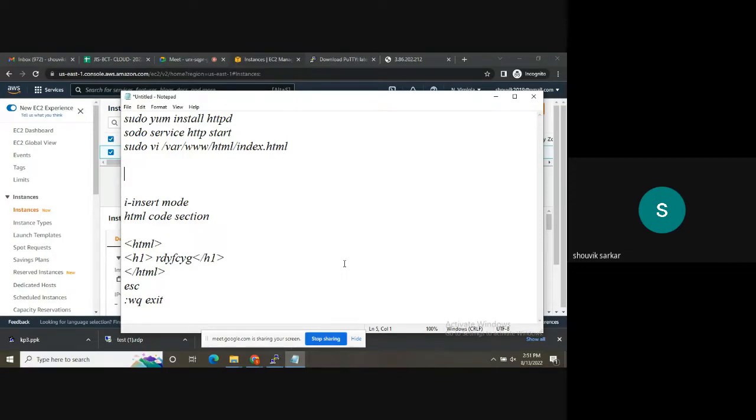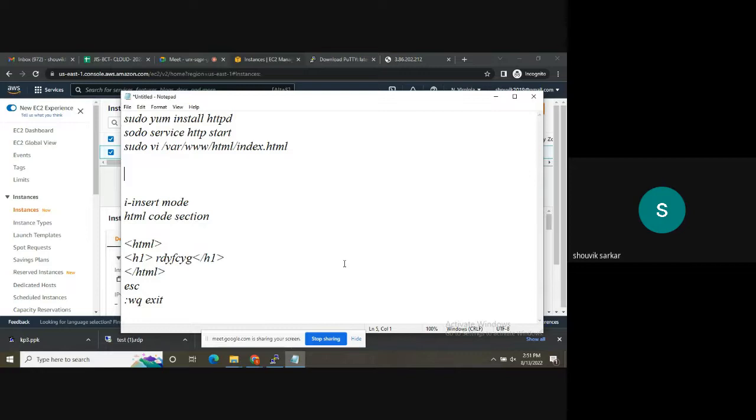So to install the HTTP server, we need to use this. And not only install, we also start this service. So we go with the httpd start. Next we go with sudo, then the virtual editor, that is vi, then /var, that's a root directory.